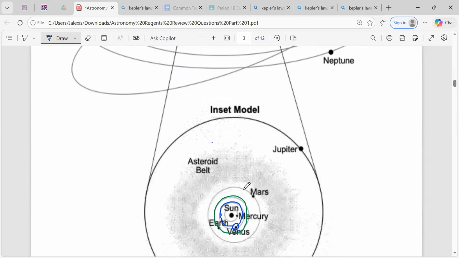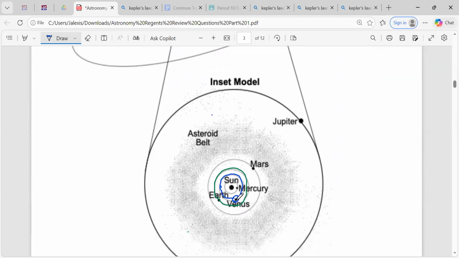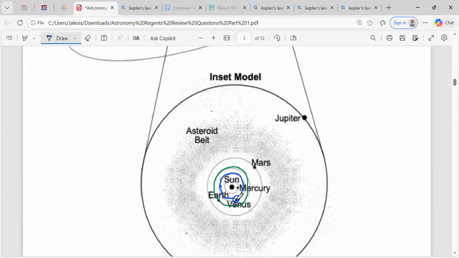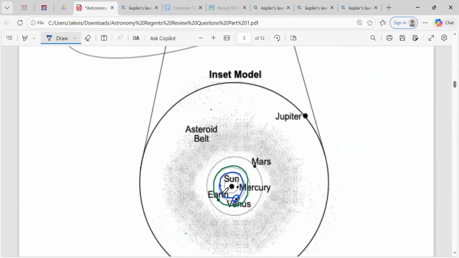We do know that the moon orbits the Earth, but according to my model right now, the only thing I can see is that sometimes Venus, the blue orbit, will be closer to Earth, and there will be times where Venus will be on the opposite side of the sun as it's orbiting. Sometimes the Earth will be here, and sometimes Venus will be over here on the opposite side of the sun.